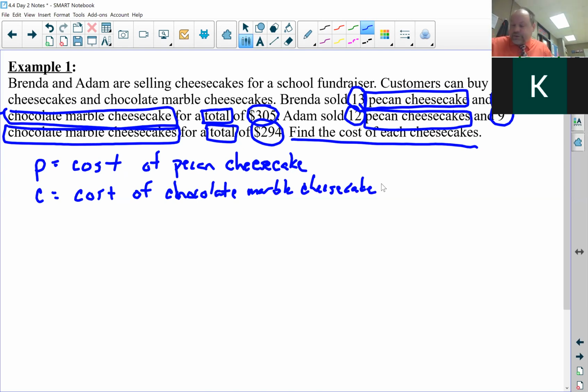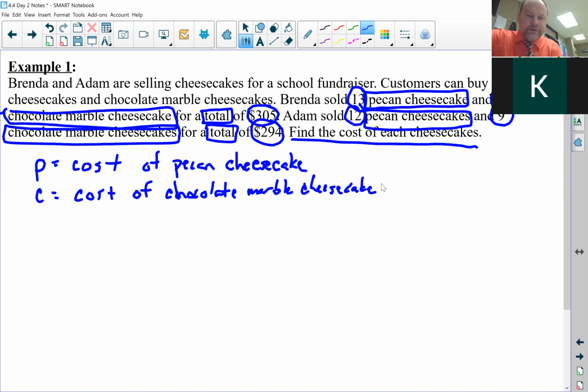All right. So with that, I've got my two variables, and I think it might make sense that one of my equations is going to relate the number of cheesecakes that Brenda sold to her total, and the second one will do the same for Adam.